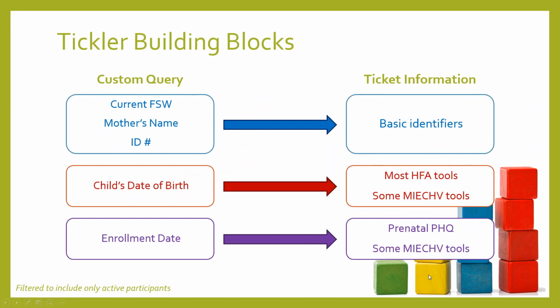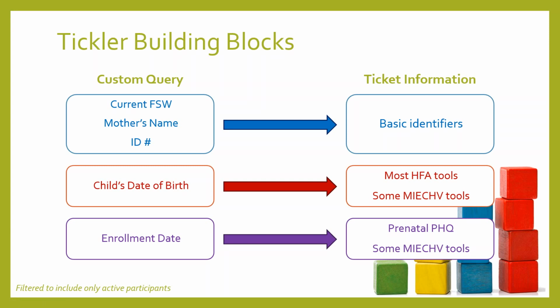So as a starting point, we needed to figure out what information we needed out of PIMS. So we decided that we needed some basic identifying information, who the FSW was and who the mom was. We also needed to know the child's date of birth because many of the tools were due based on the child's date of birth.